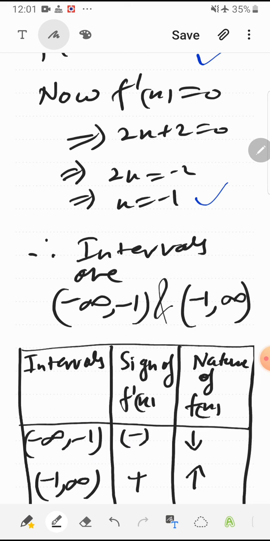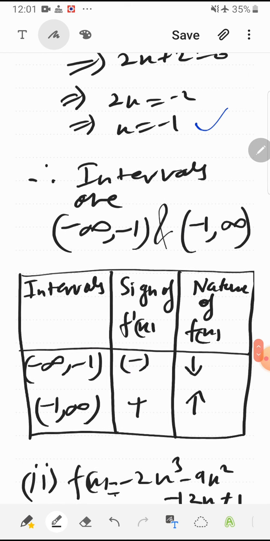Now I have to check this in tabular form. I am drawing a table having 3 columns. One is interval, second is sign of f dash x, and third is nature of f x. So randomly I am picking any point from the first interval, let it be minus 2.